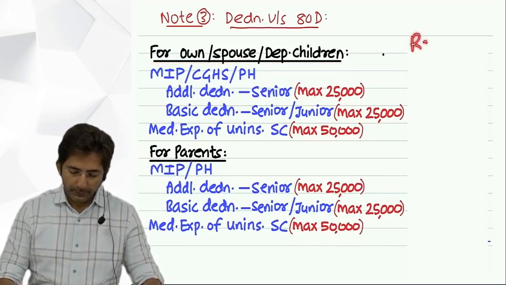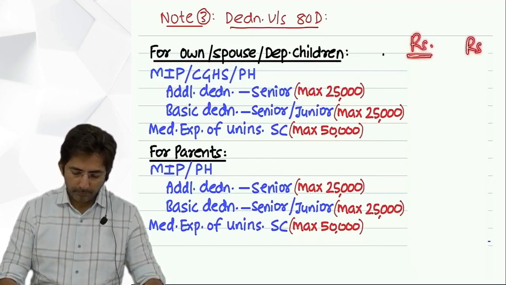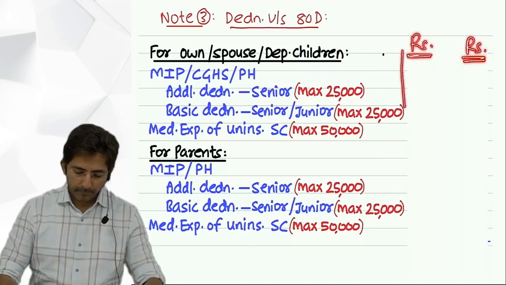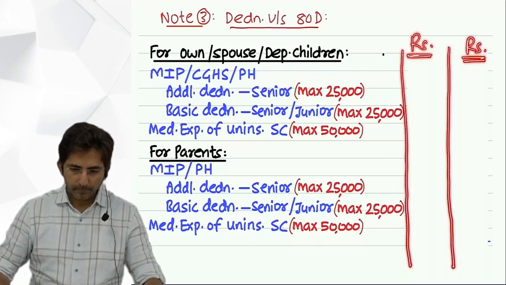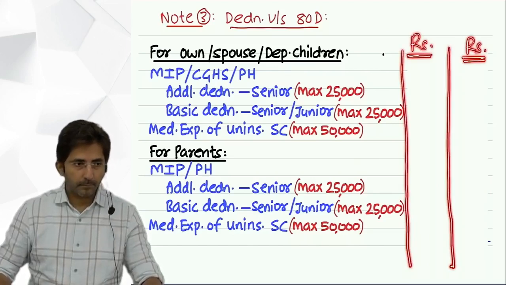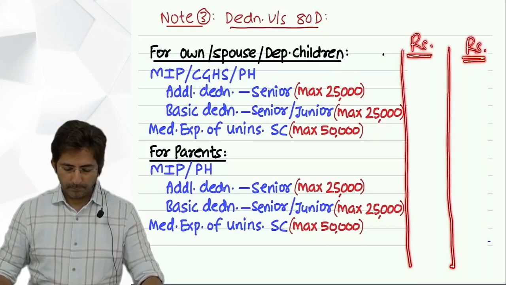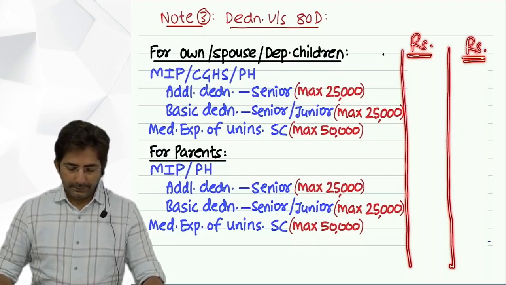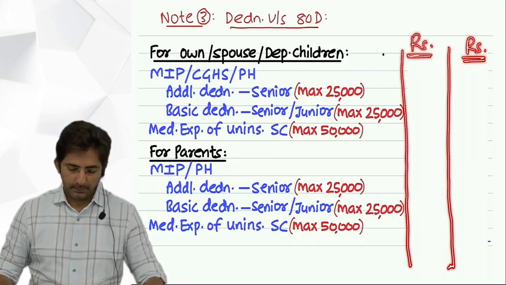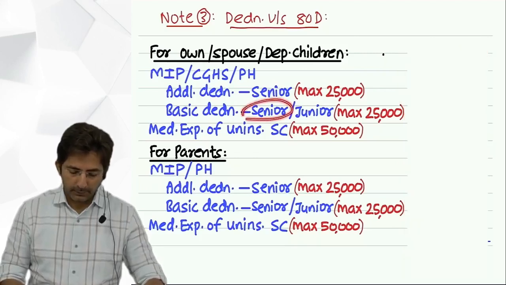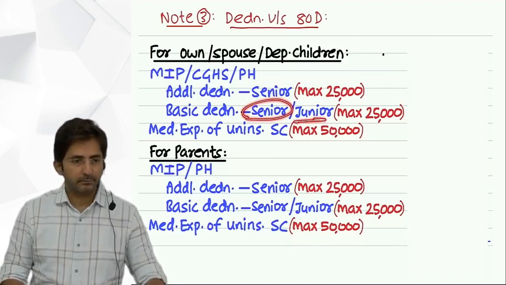See here there are two rupee columns. In the exam you will not write the word junior citizen. You can write others. See here I have written basic deduction for senior or others.